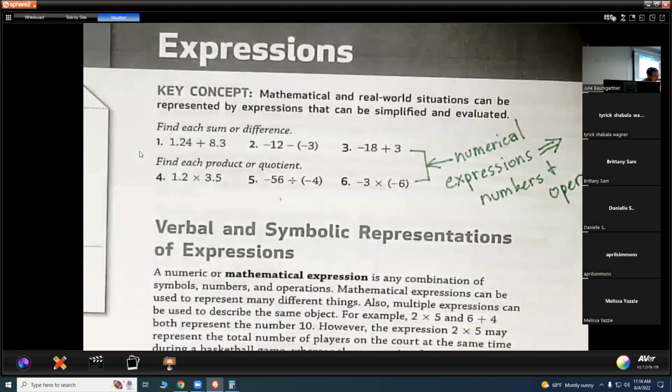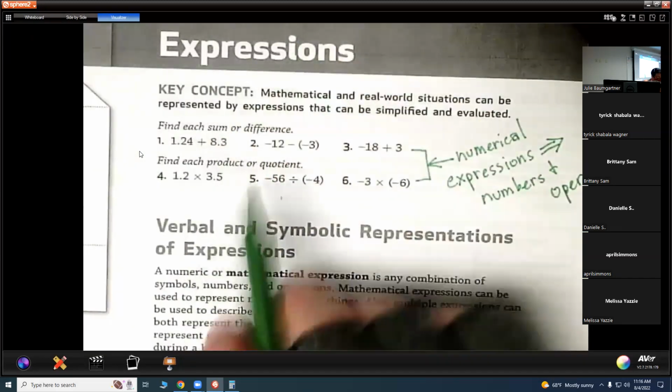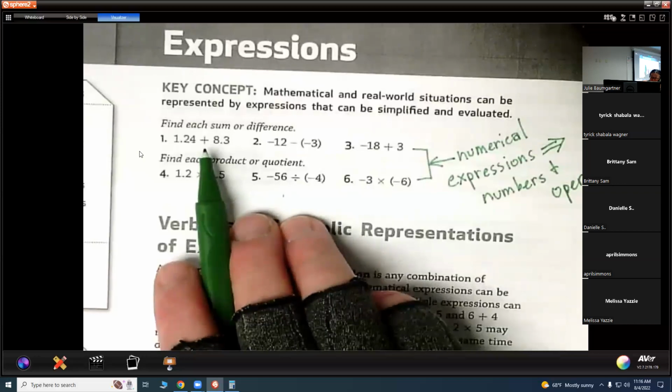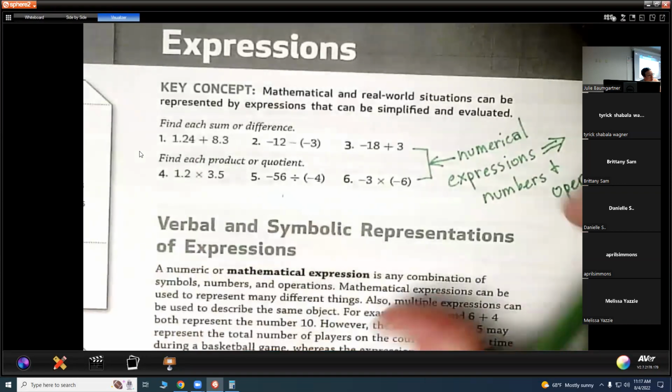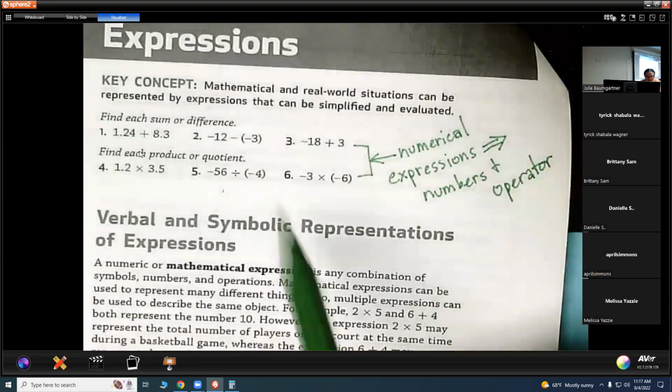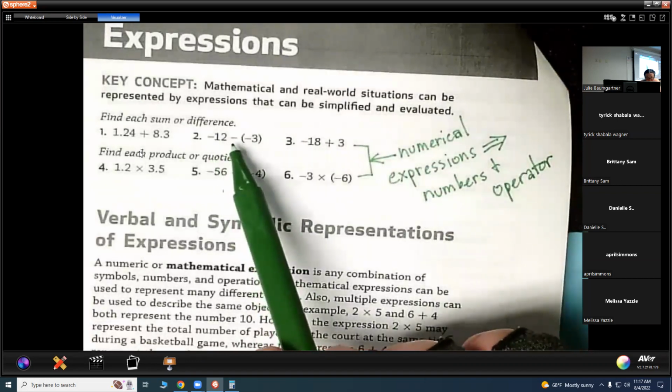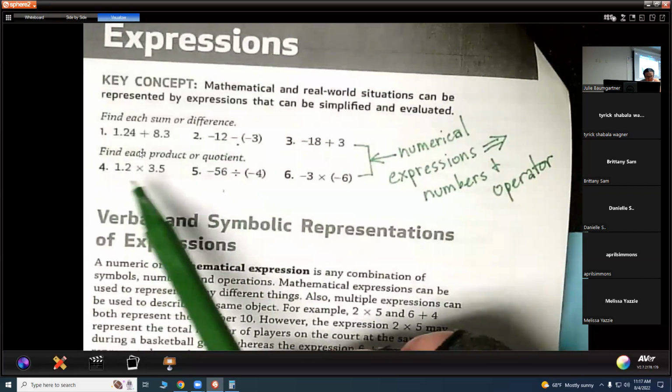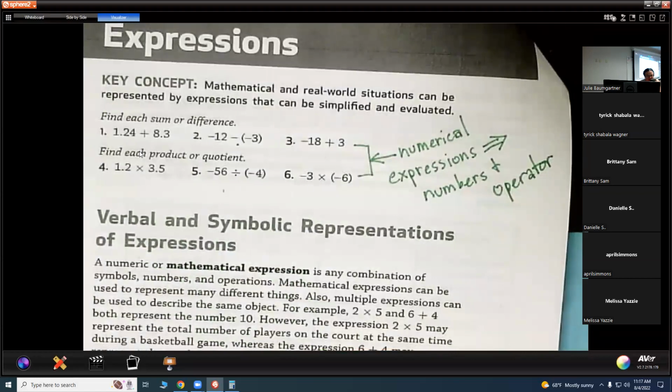And our operators are our math symbols, right? This one tells us to add. This one tells us to subtract, divide, multiply, okay? And of course, exponents are also kind of operators, okay?